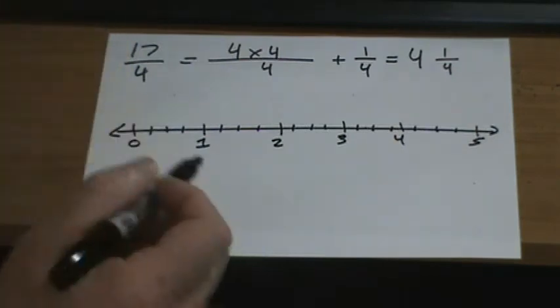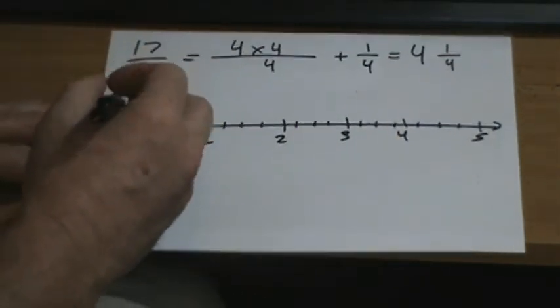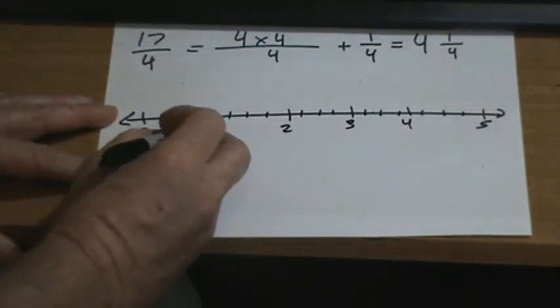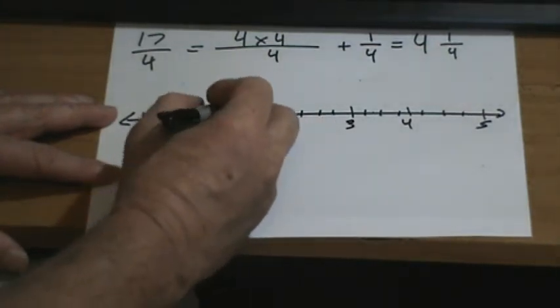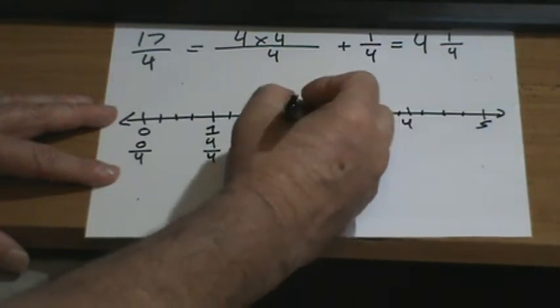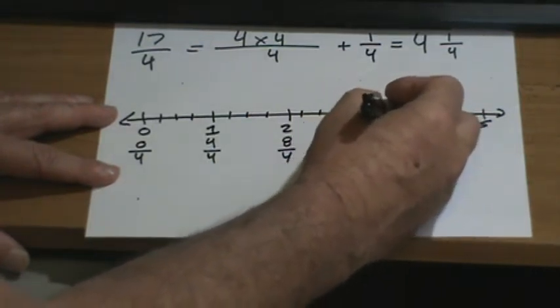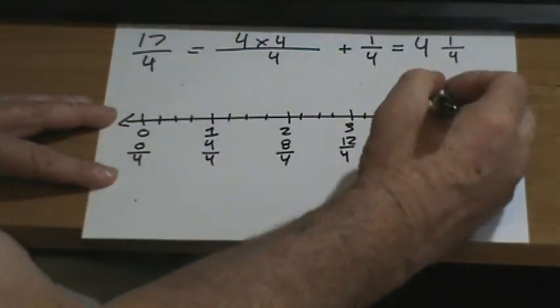All right. Now, let's go ahead and demonstrate this in fraction mode. This is 0 fourths. How many fourths here? 1, 2, 3, 4. 4 fourths. 5, 6, 7, 8. 8 fourths equal 2. 9, 10, 11, 12. 12 fourths equal 3. 13, 14, 15, 16, right? 16 fourths, like up here, equals 4.